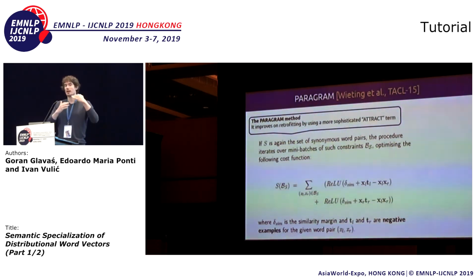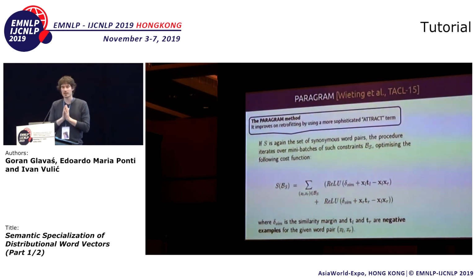Think of it like you have a list of 100 constraints, and you want to push the word from the constraint, by a margin, closer to its constraint paired word than a negative example of that word.